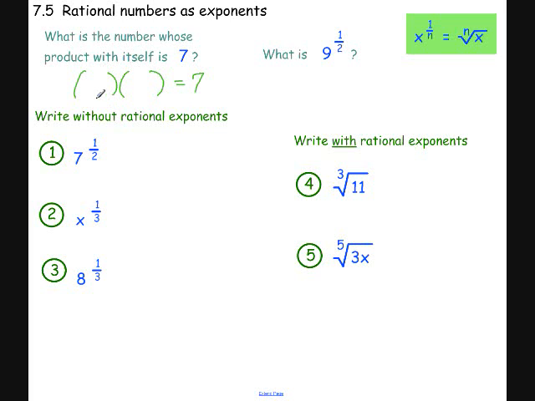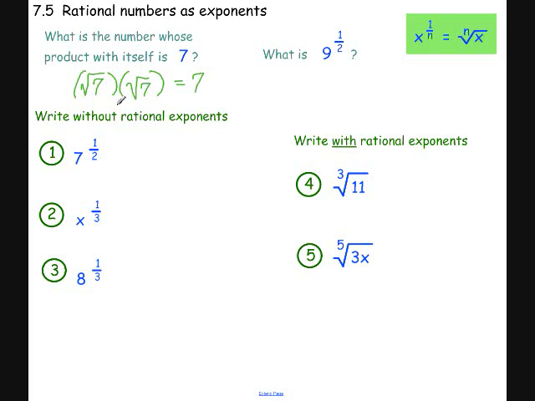They have to be the same. What's the only thing that's going to work? I hope you took a little time to think about it. The only thing that will actually multiply by itself to give us 7 would be the square root of 7.